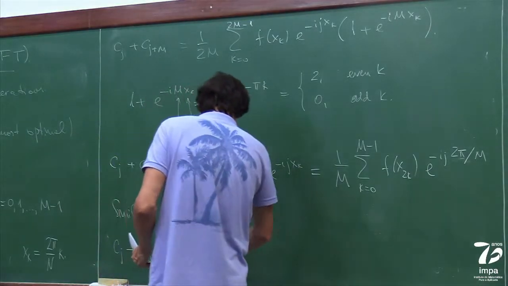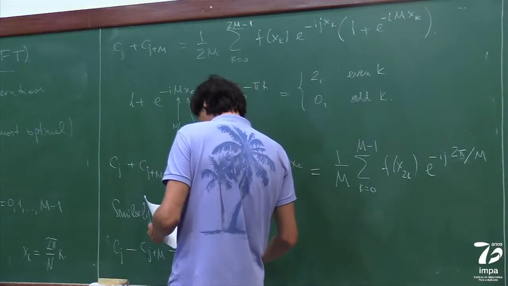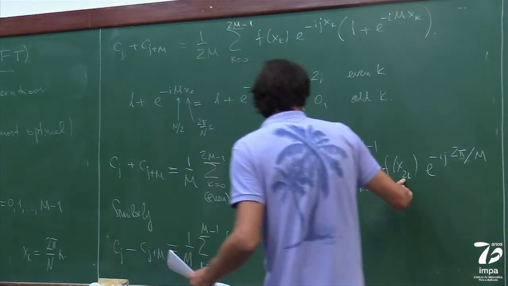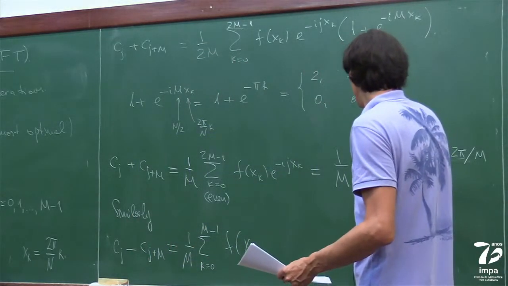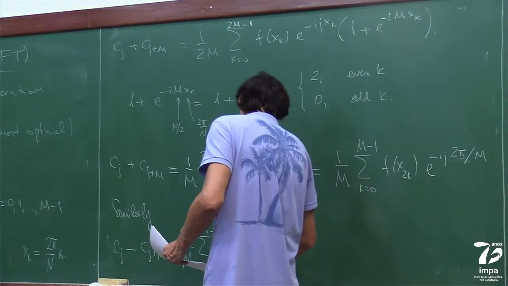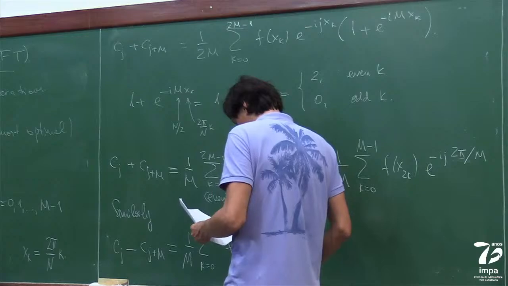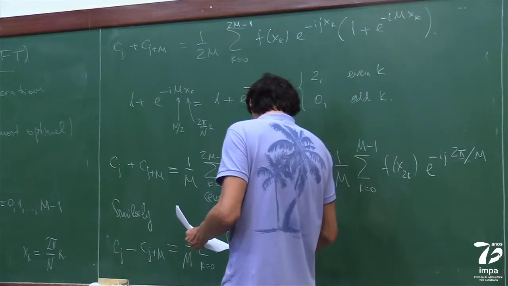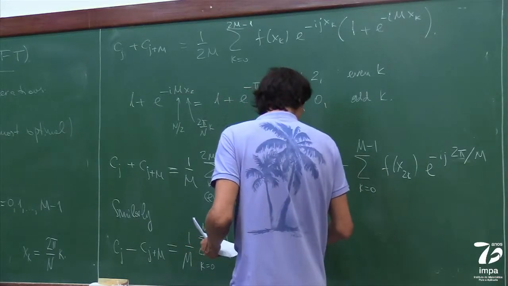So now this k will index, instead of even, odd numbers. So it will be 2k plus 1. And then exponent minus ij.